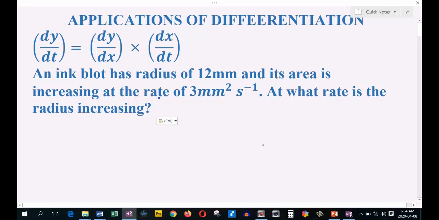Here we have another example. It says an ink blot, which is also an area, has a radius of 12 millimeter, and its area is increasing at the rate of 3 millimeter squared per second. At what rate is the radius increasing? That is our question. The rate at which the radius is increasing. Solution.